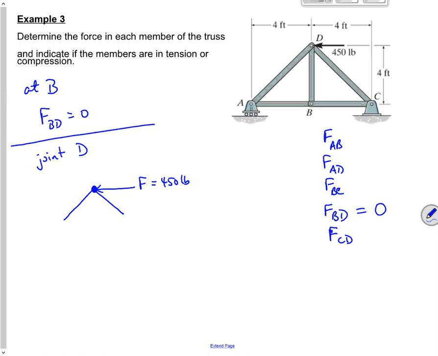Which way do they point? Well, one's going to point left or right, and one's going to point up or down. So which one's which? Don't know. Let's make them both point out. Don't know which one's going to point up and which one's going to point down. So this is FAD, and this is FCD.